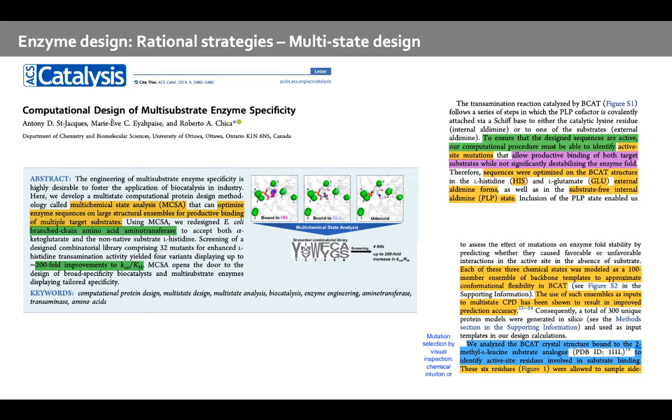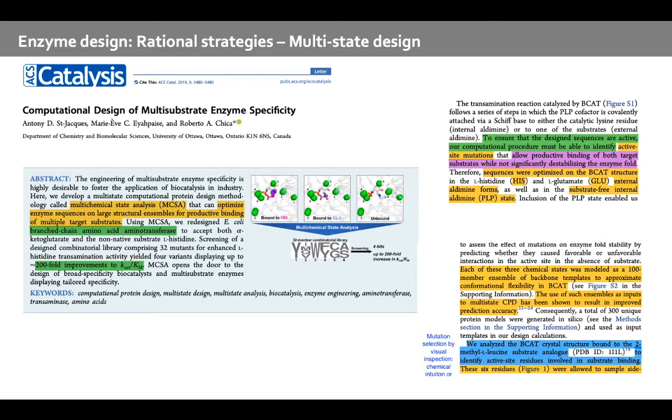The reaction goes through several intermediates: the internal aldimine, the external aldimine, the ketimine, etc. So multiple chemical states that, in principle, when you want to design and redesign the enzyme, you should take into account.